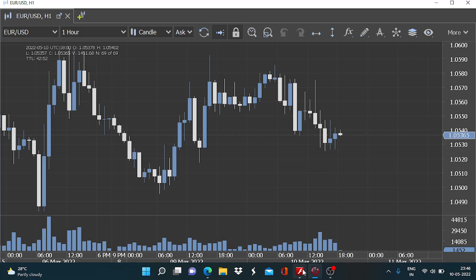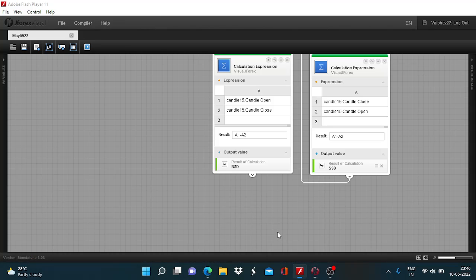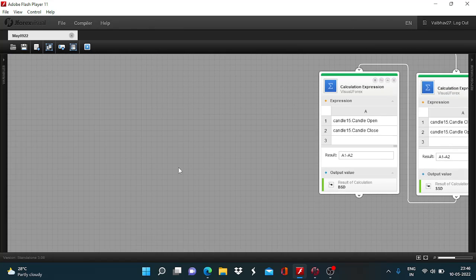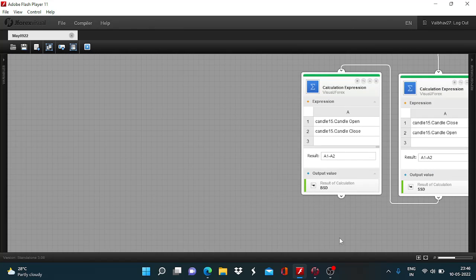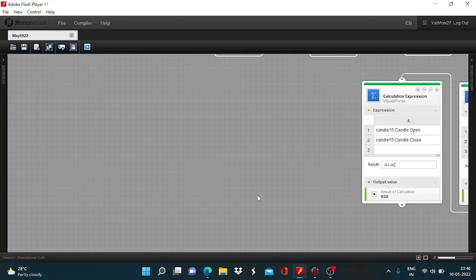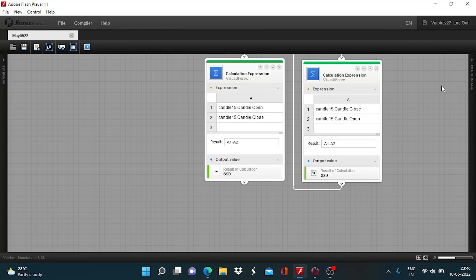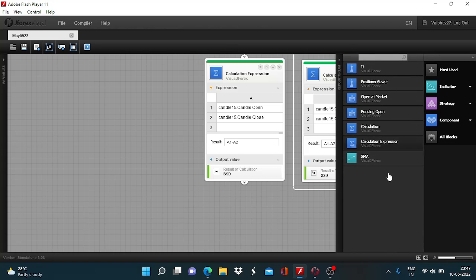So let us now get back to the Visual JForex board where we will start implementing this logic. Here we have this calculation in place. Now we have to look at adding the entries, and for that we need a setup which is going to involve logical as well as mathematical components.